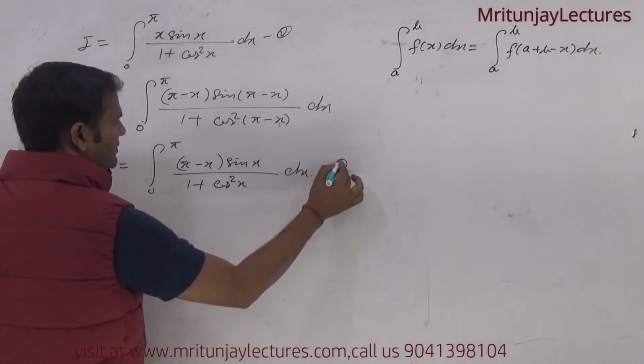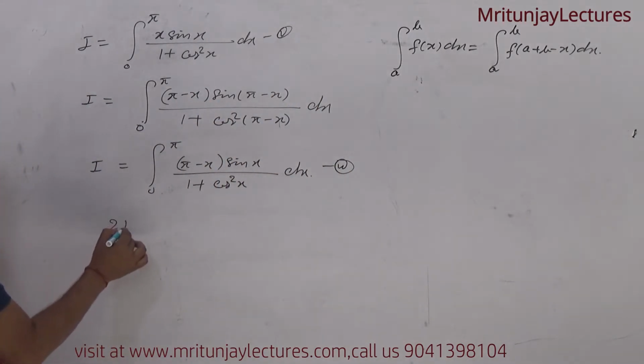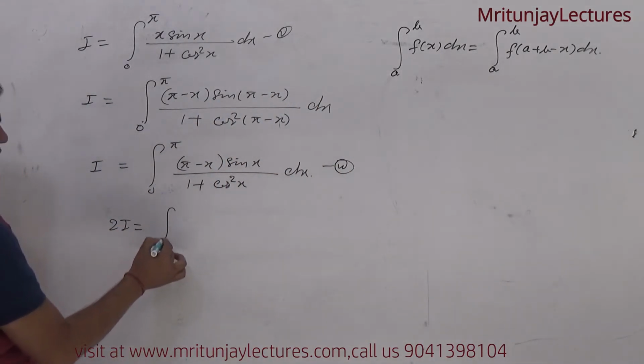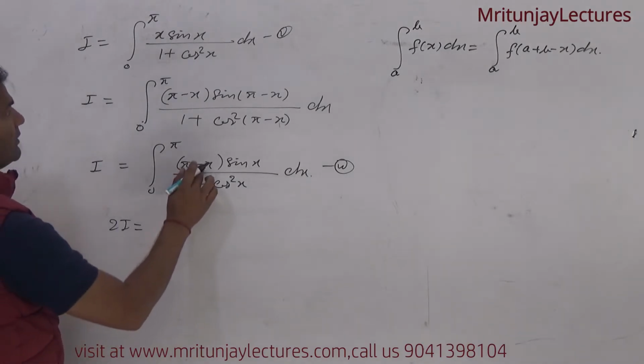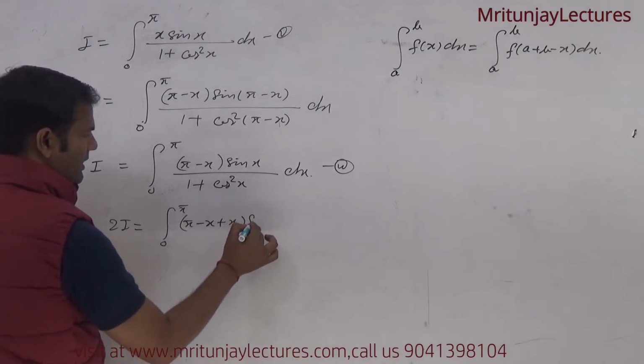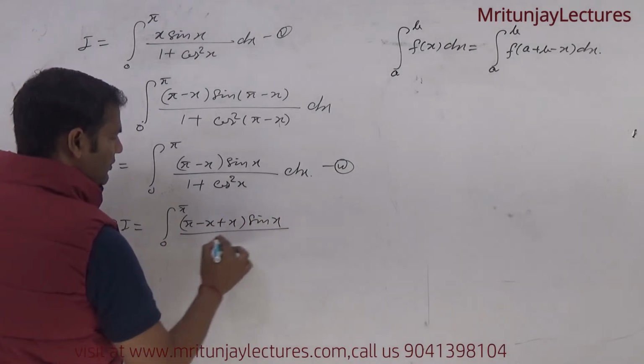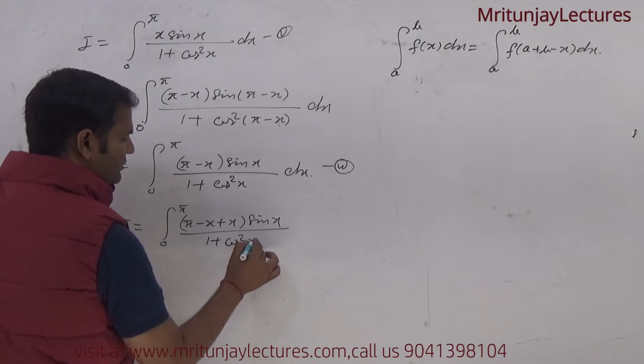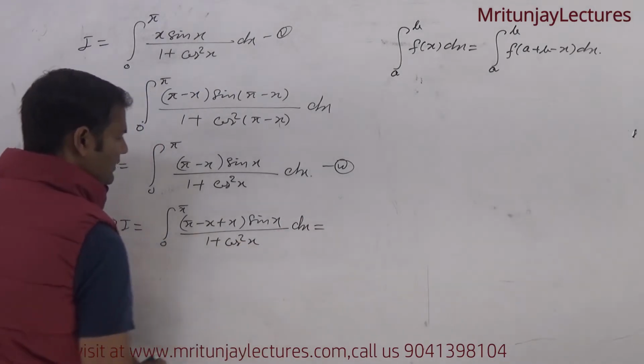Now adding equation number 1 and equation number 2, we get 2I equal to the integral from 0 to pi of (pi minus x plus x) into sin x, whole divided by 1 plus cos square x dx.